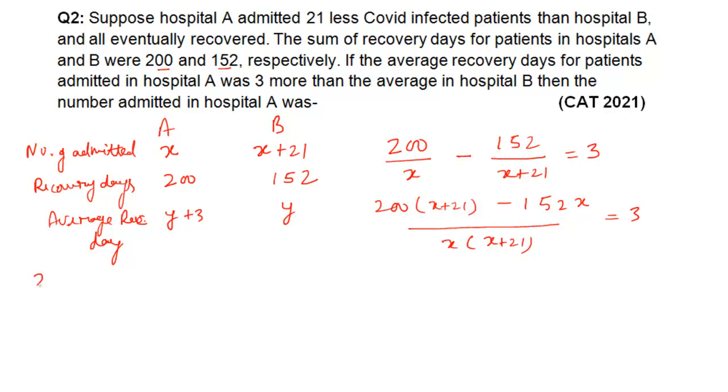That will give me 200x plus 4200 minus 152x is equal to 3, and this is multiplied by x square plus 21x, right? So further we can write by arranging the values, 48x plus 4200.